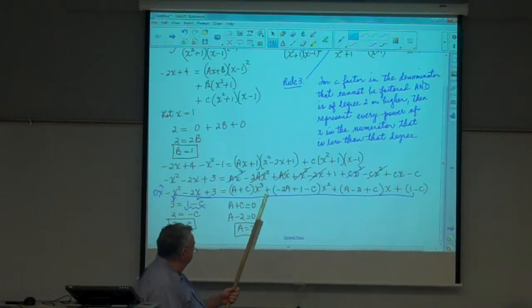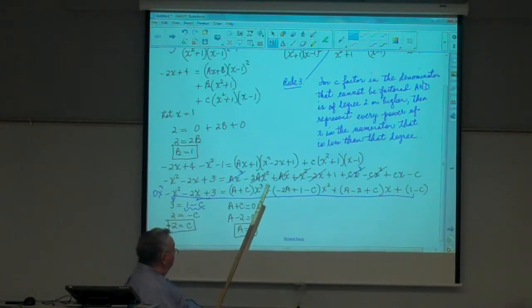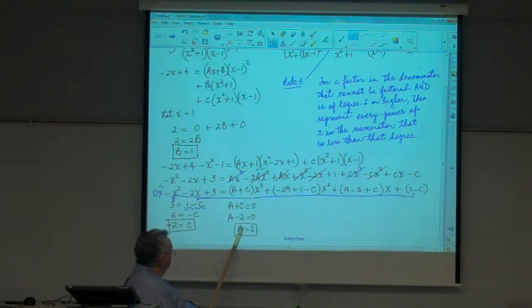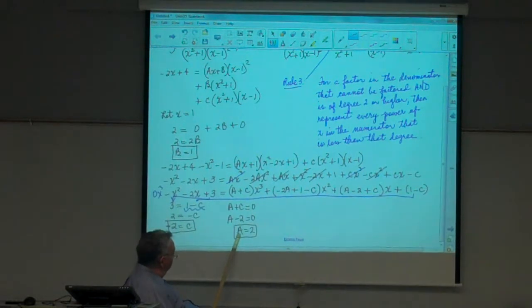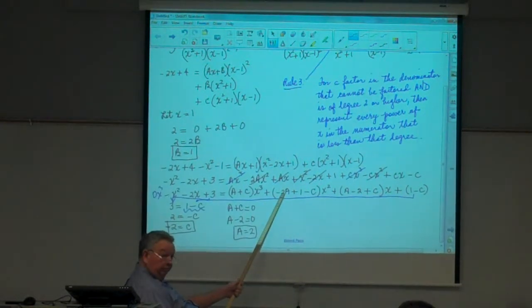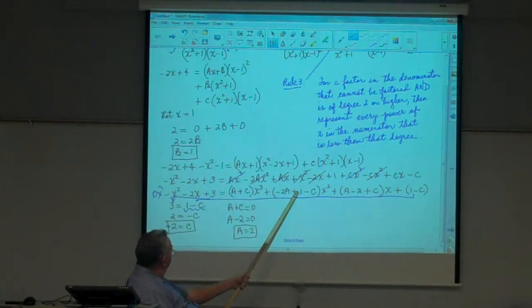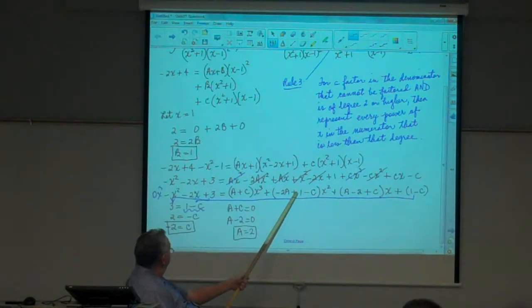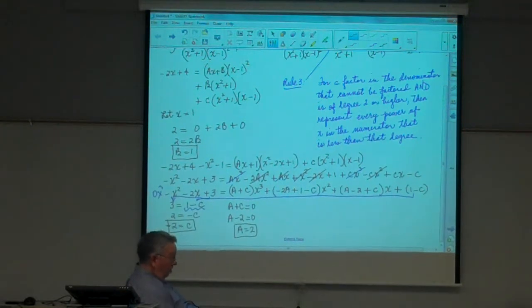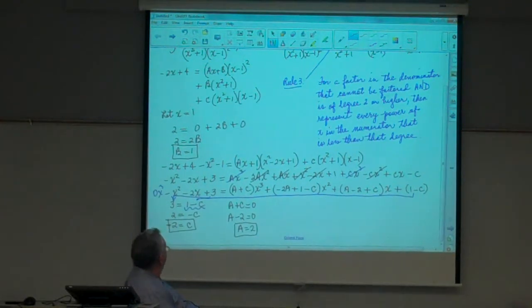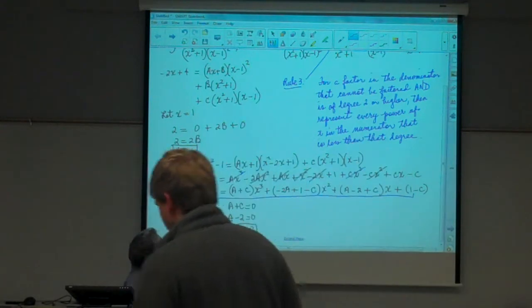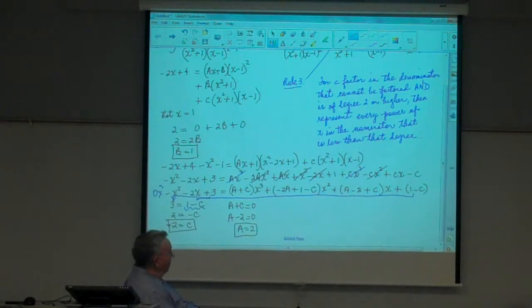Now let's test it. Jake's gonna make me prove it. Right here, A is 2, so I get minus 4 plus 1 is minus 3, and a minus 2 is positive 2, so the x squared term is minus 1.